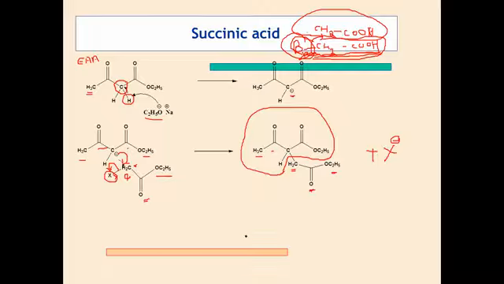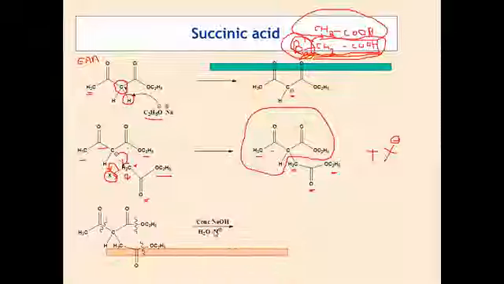Now this is the intermediate that is formed here. As soon as it is formed, we can do its hydrolysis, using concentrated NaOH for alkaline hydrolysis and then acid hydrolysis.